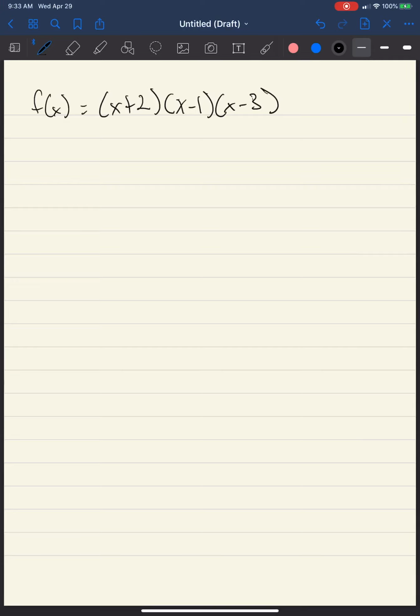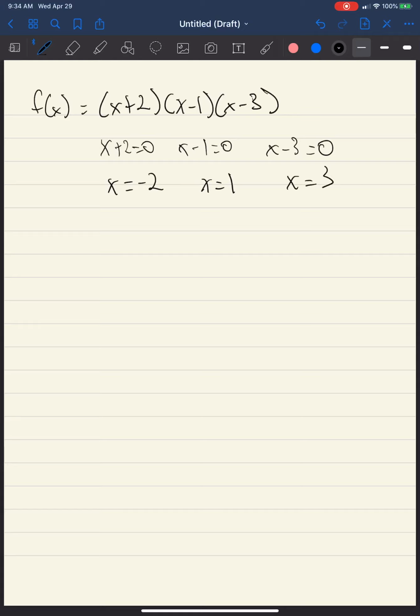If we set these all to 0, then x plus 2 equals 0, x minus 1 equals 0, and x minus 3 equals 0. Those are pretty easy to solve. x equals negative 2, x equals 1, and x equals 3.